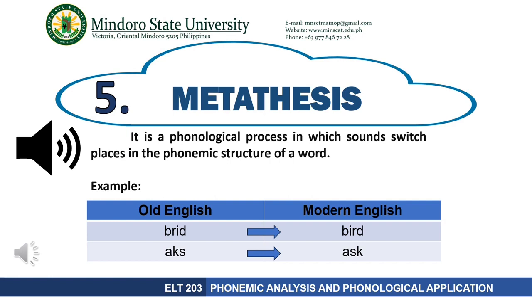In addition, metathesis is observed between Old English and Modern English. In Old English, the words are "brid" and "acsian", and they were switched in Modern English. They became "bird" and "ask".